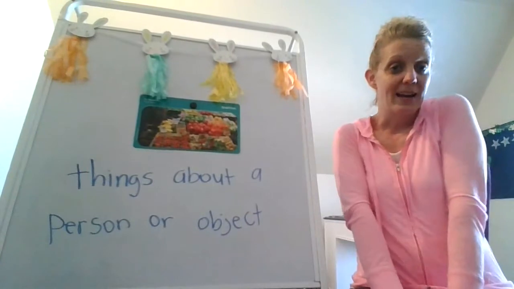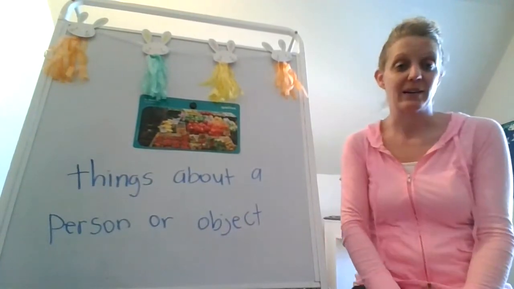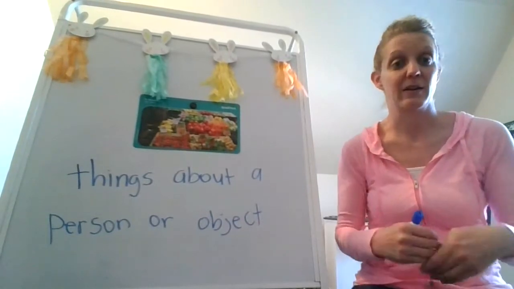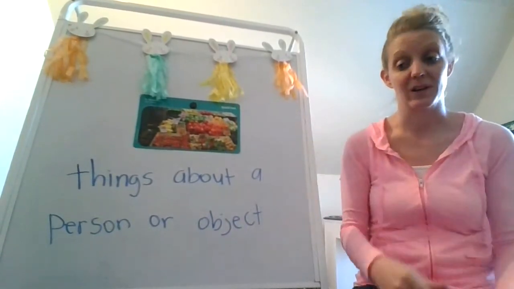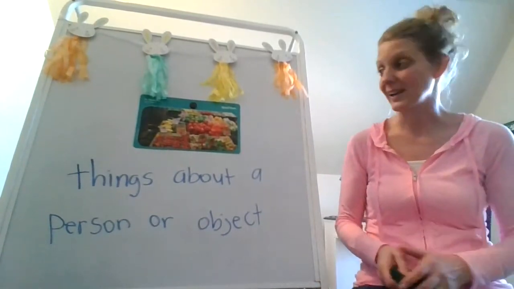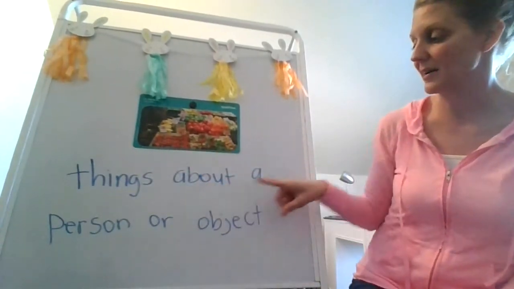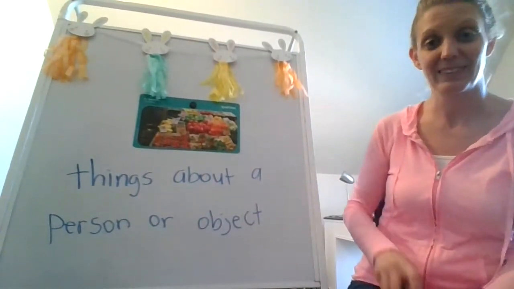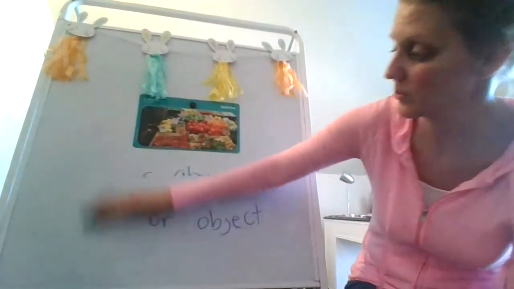So if you got a new pet, I might say, tell me some qualities about it. It means tell me some things about it. Okay? Does it have short hair or long hair? What color is its fur? Okay. All right. Qualities. Things about a person or object. Okay, let's move on to the next word on your chart.